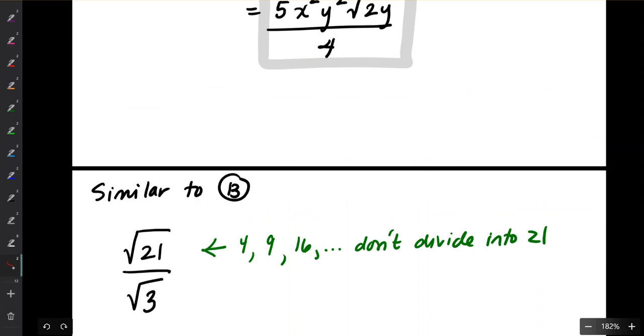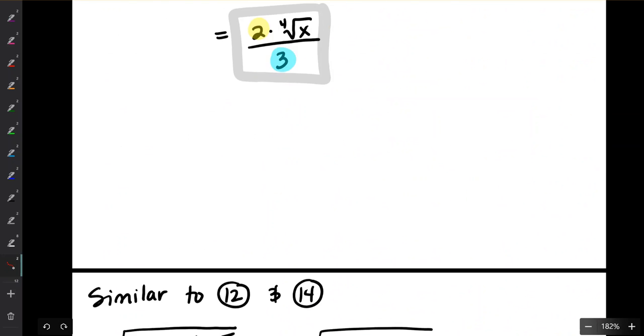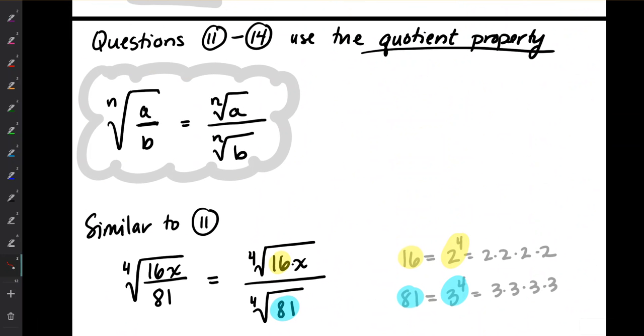Well, I'm going to use this quotient property. There is no side to equalities. So far we've been saying the nth root of a fraction, well, we get to take the root of the numerator and divide it by the root of the denominator. But let's now go the other way.